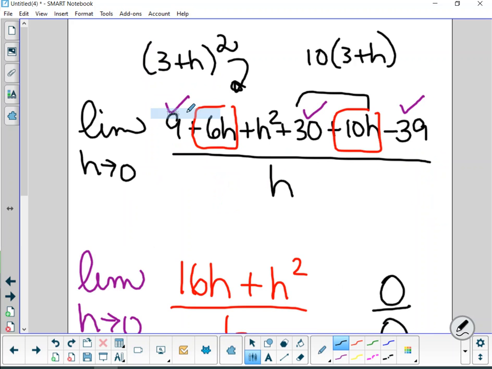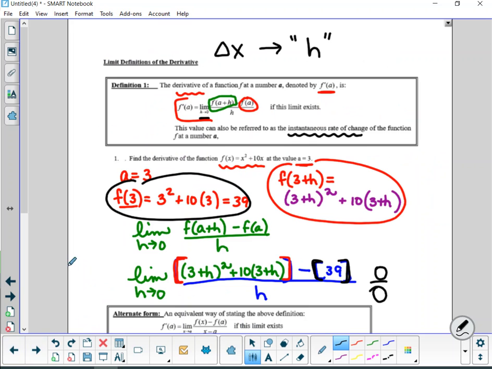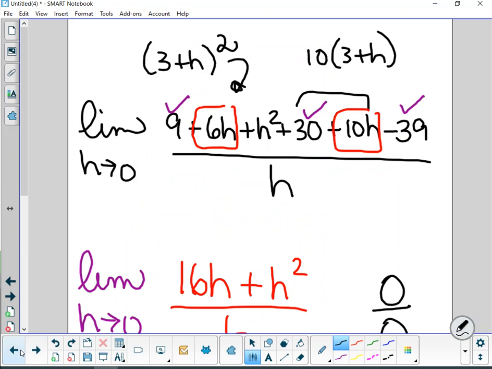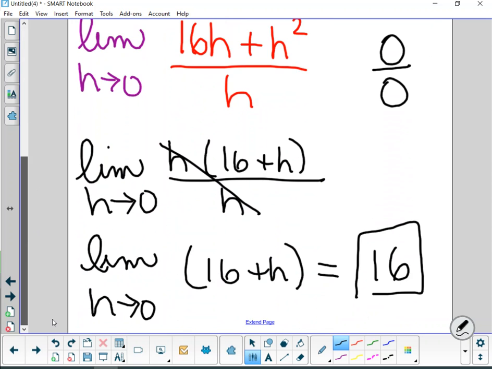So, once we set up this problem, the new part for this unit is technically over because everything that happened after that was limit calculation or algebra. 3 plus h quantity squared, expanding that out, combining those terms, factoring out the h. All of that is the past unit, unit 1.